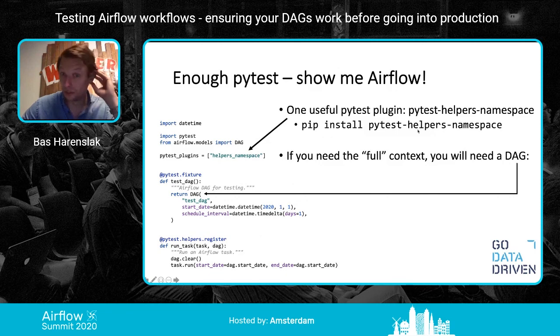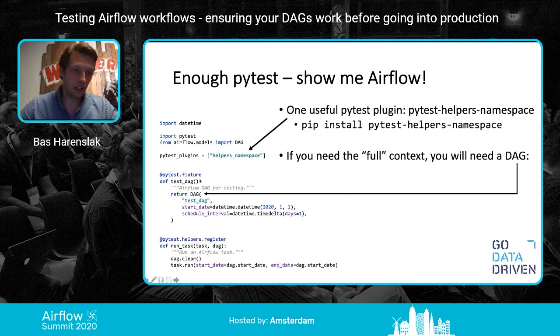So you have to install this package, and I will show you where to put all this code in the next slide. But you have to state pytest plugins equals helpers namespace, and that gives you this thing, pytest helpers register, this annotation, and this function will then be available throughout all your tests.